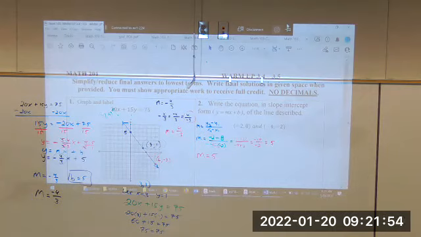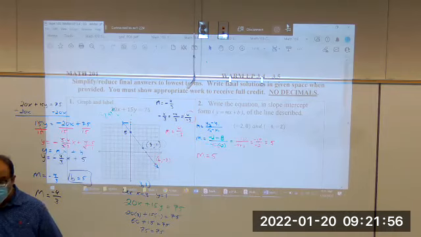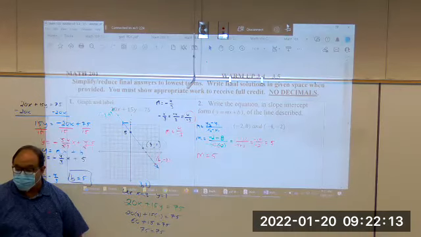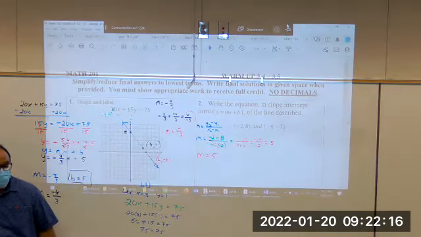If it's vertical, the slope is undefined. We get a 0 in the denominator. Vertical slope is undefined. In the alphabet, U and then V, they're holding hands. They go with each other. Undefined. Well, we didn't get 0. We didn't get undefined. So this is not a special case.